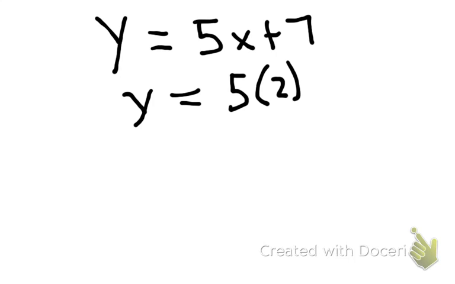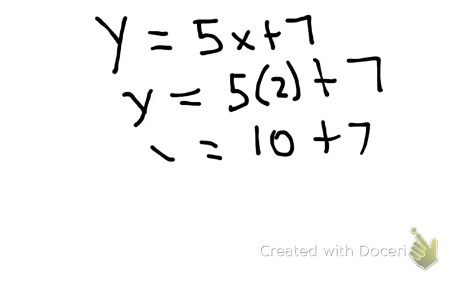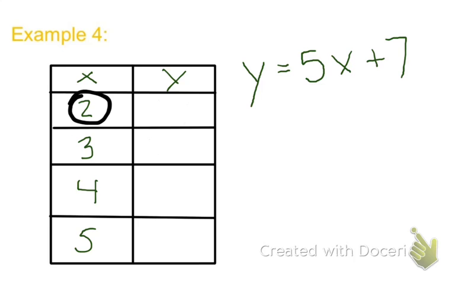You see we changed the x into 2. 5 times 2 equals 10 plus 7. So 10 plus 7 equals 17. Y equals 17. So the answer for this will be 17. You see how I did that? Okay. So let's go to the next one.